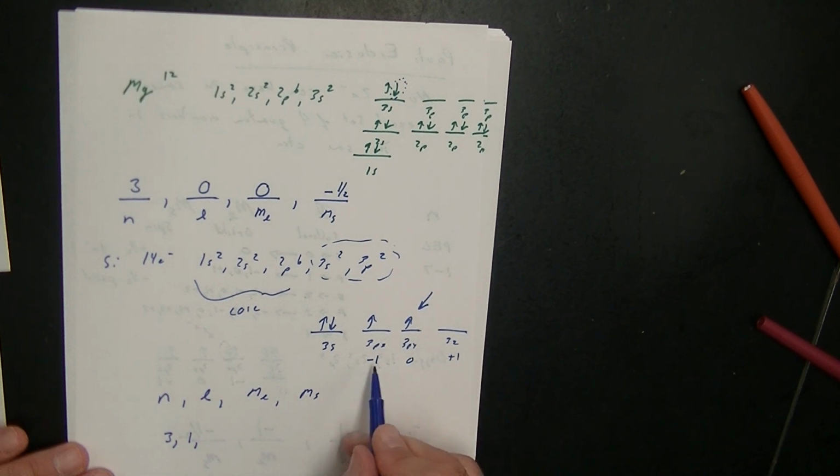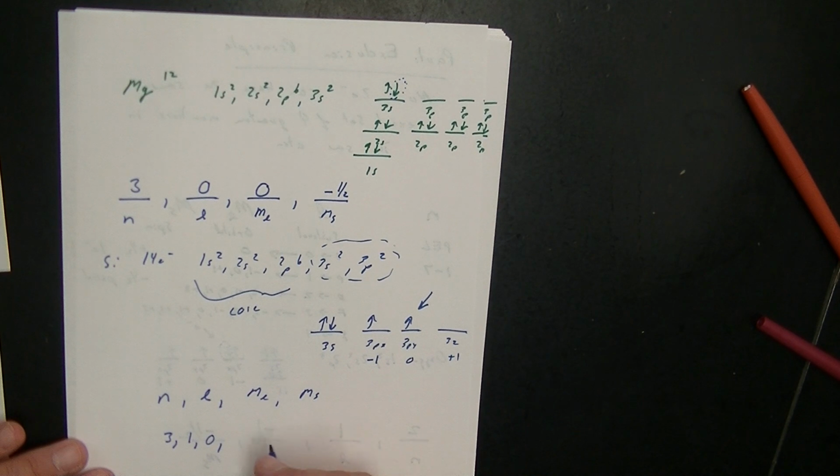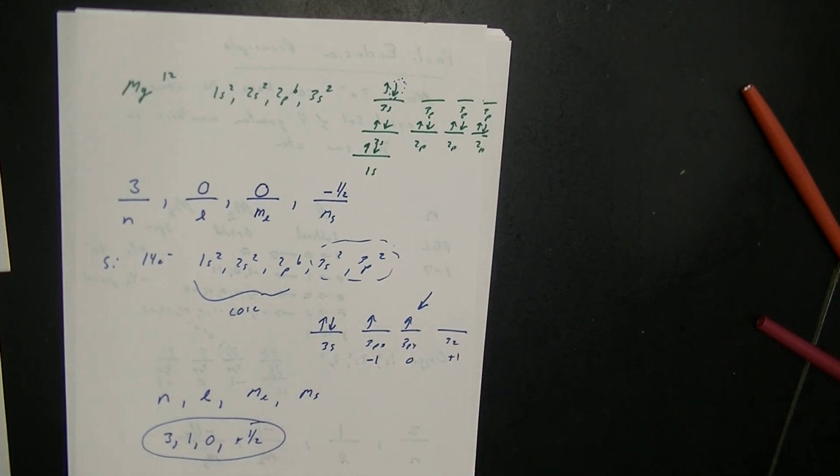Now I need to know which P I'm in. Am I in the -1, the 0, or the +1? And in this case, I'm in the 0. Right? And now, is this paired or unpaired? And it's unpaired, so it would be +1/2. These would be my four quantum numbers for this guy.